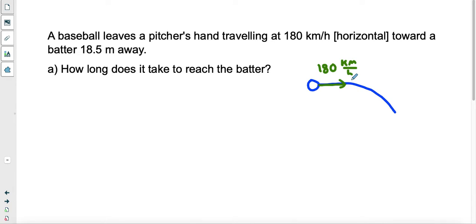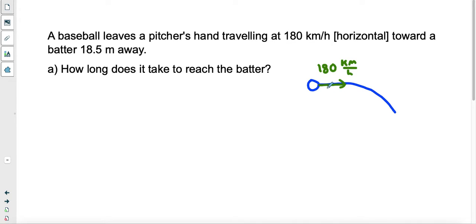So this motion we're looking at here, there are two components to this motion. There's a horizontal component going left to right, and then there's a vertical component going up and down. So here we're going to need to consider these components separately.